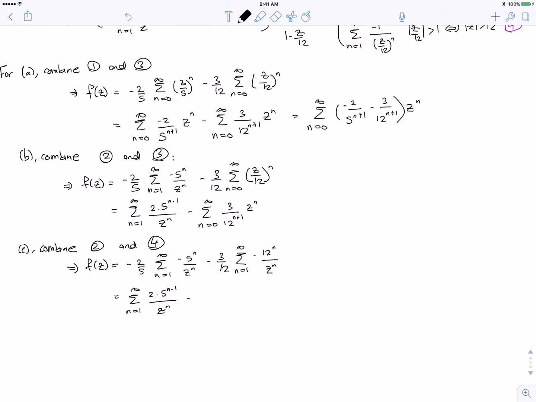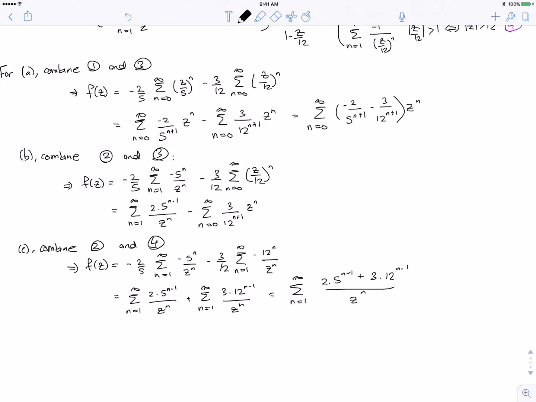This one is going to become positive as well. It's going to be 3 times 12 to the n minus 1 on z to the n. And I can add these guys, I guess. So this will be the sum from n equals 1 to infinity of 2 times 5 to the n minus 1 plus 3 times 12 to the n minus 1, all over z to the n.